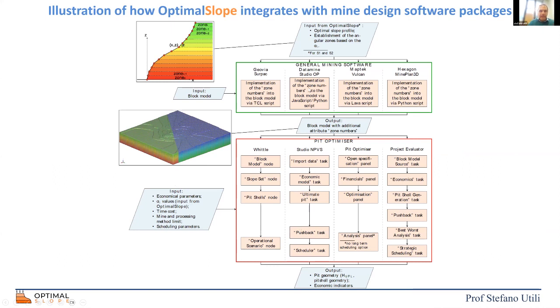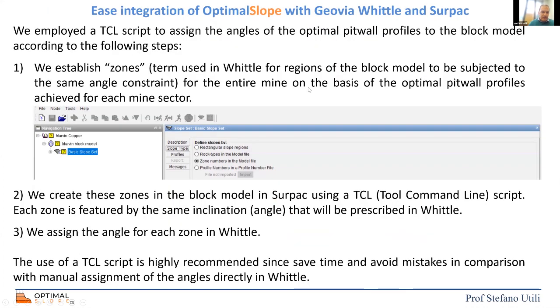So in this respect, and this is, I think, my last slide, for instance in the case of Whittle, what we've done is to have a script, a so-called TCL script, that automatically assigns the inclination in Whittle. These are called zone, slope type.